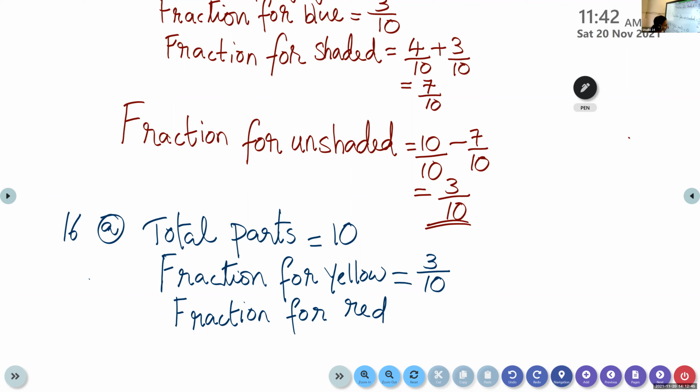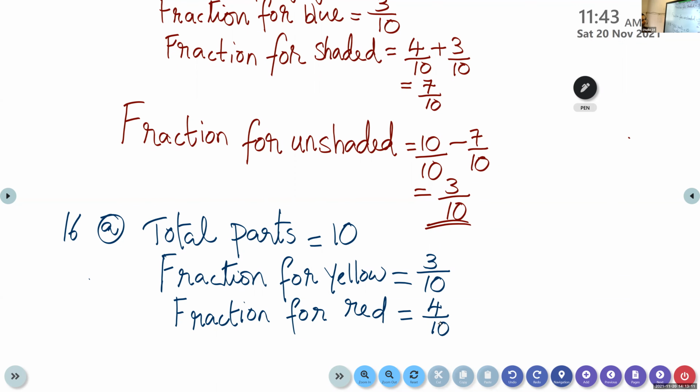Ma'am, in red it is 4. Okay. 4 by 10. Yellow is 3 and red it is 4. So we have written the fraction for yellow color, that is 3 by 10, and the fraction for red color is 4 by 10.